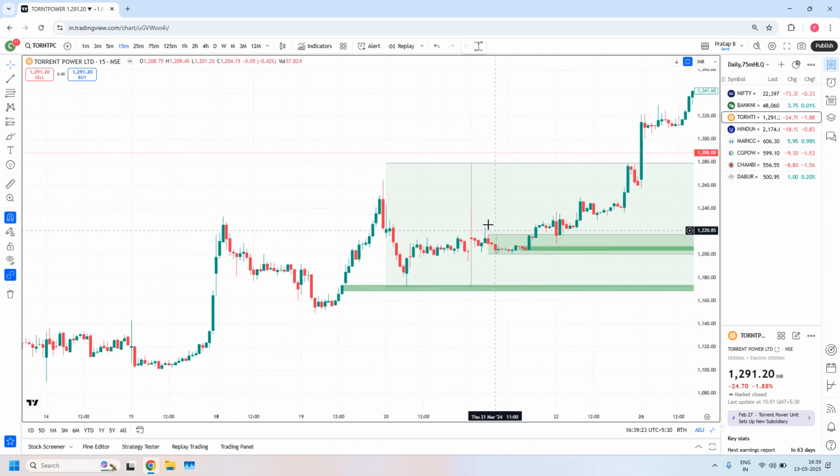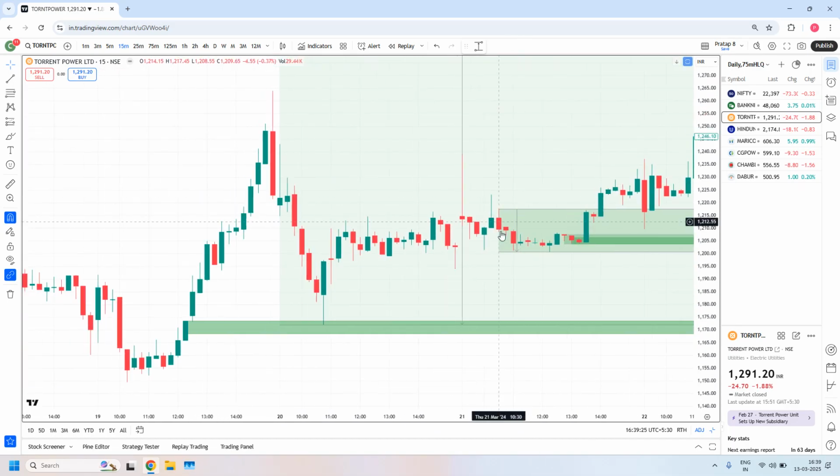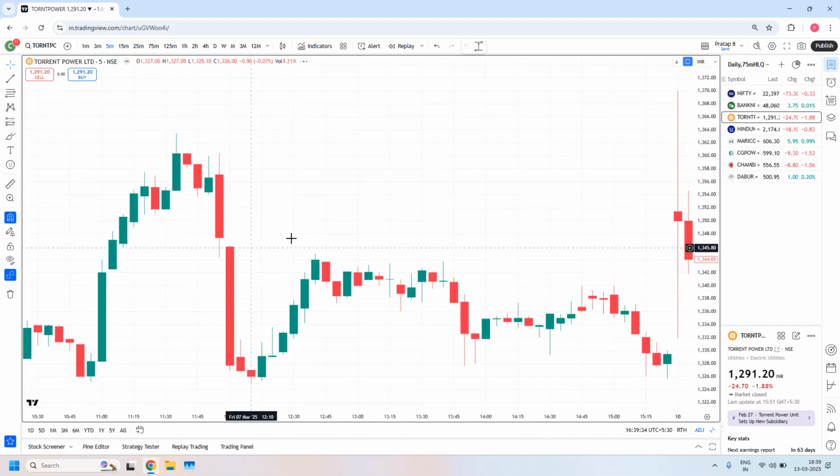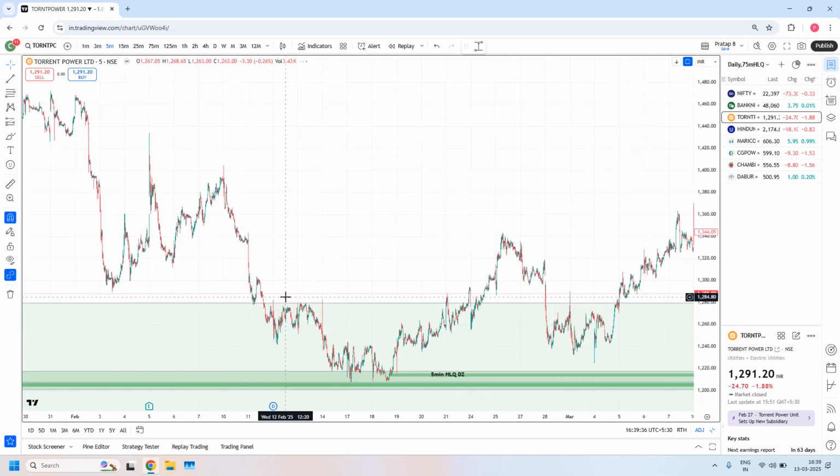Inside this 75 minutes area, we again fine-tuned with 15 minutes rally, 3 base candles and rally. And this area again fine-tuned with 5 minutes time frame.